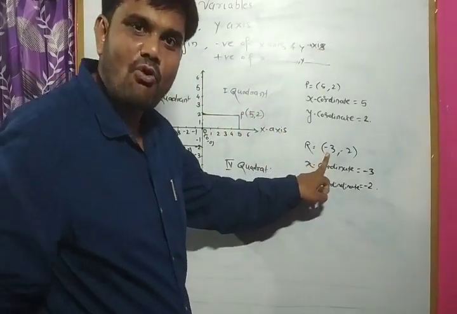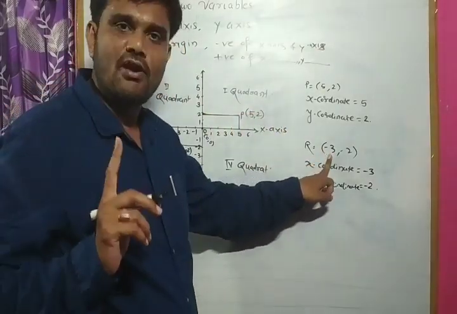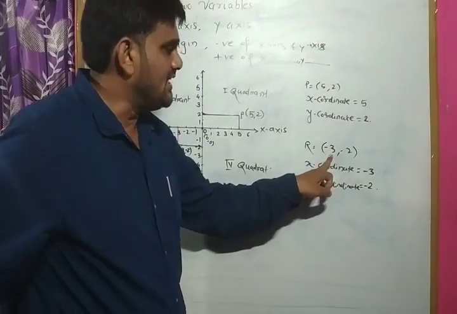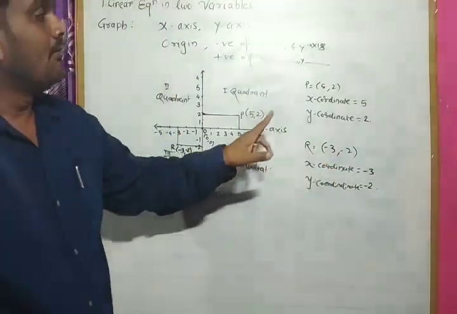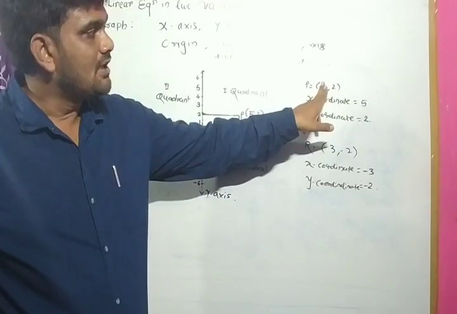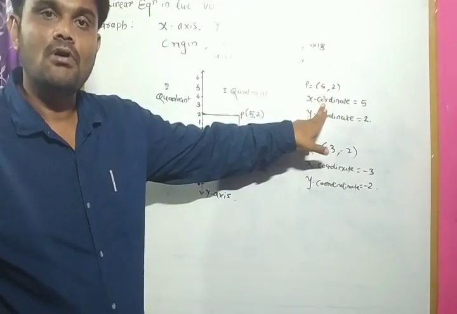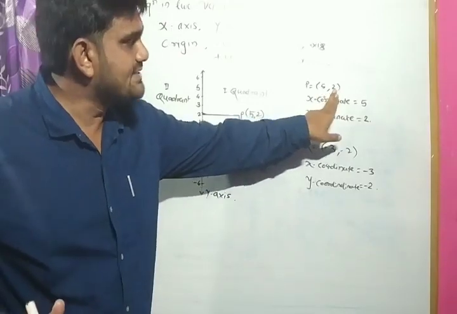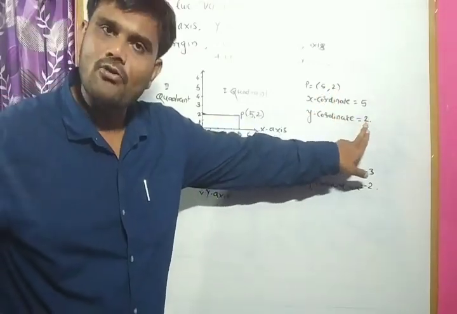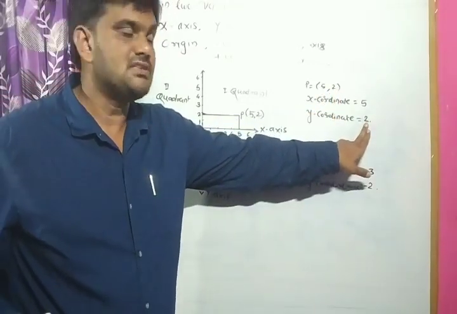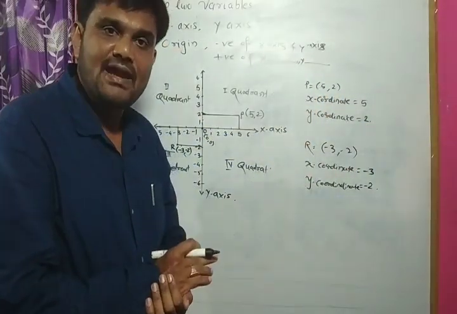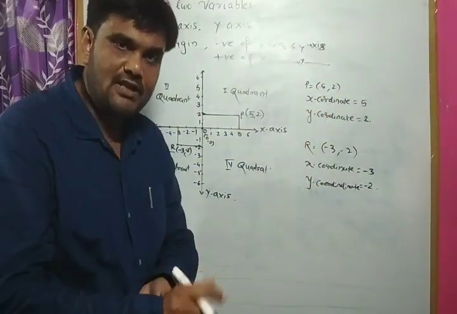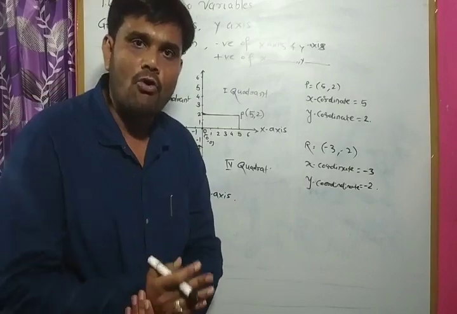Now from this you can have an idea. The first coordinate is always the x coordinate. It means you have to write the x coordinate first always. Right students, you get it? And the second coordinate is the y coordinate. It means first you write the x coordinate and then the y coordinate.